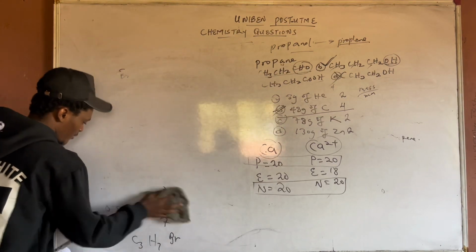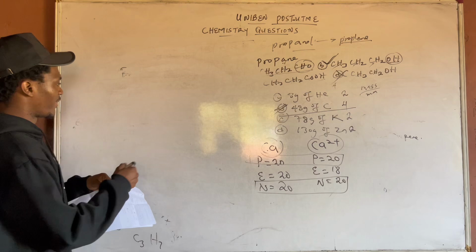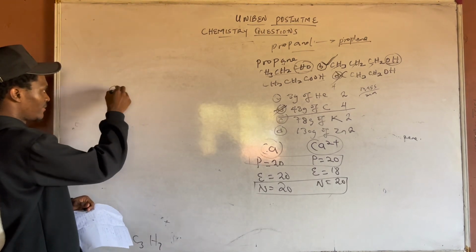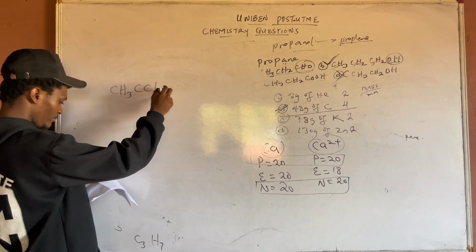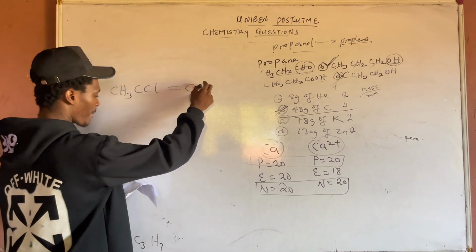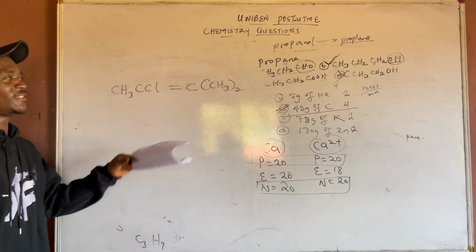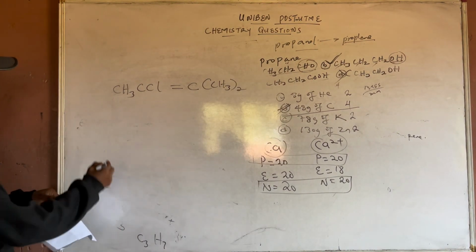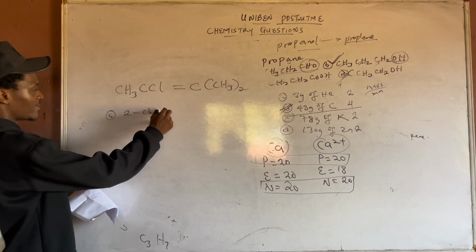Now the last question is, what is the IUPAC name of this compound given? If you are given something like this, let me give you the options. We are told to get the IUPAC name of that.